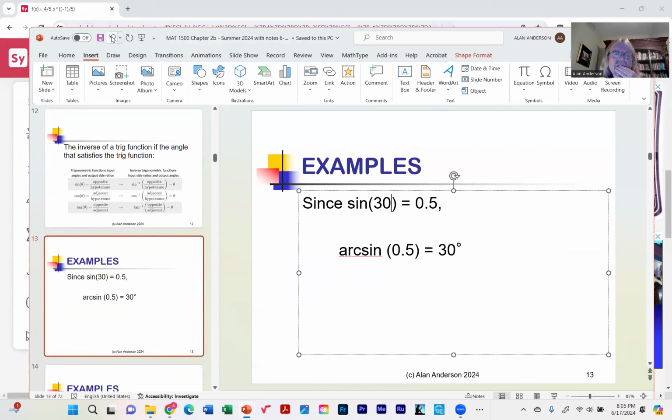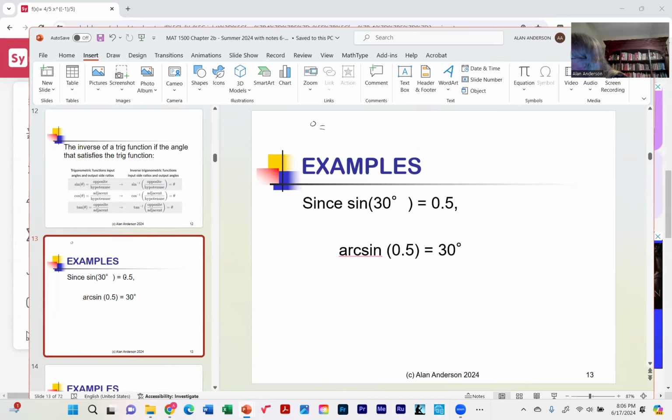You might recall this symbol. I don't even know if it has a name. I tried to look it up once. I don't remember what I discovered. Degrees.